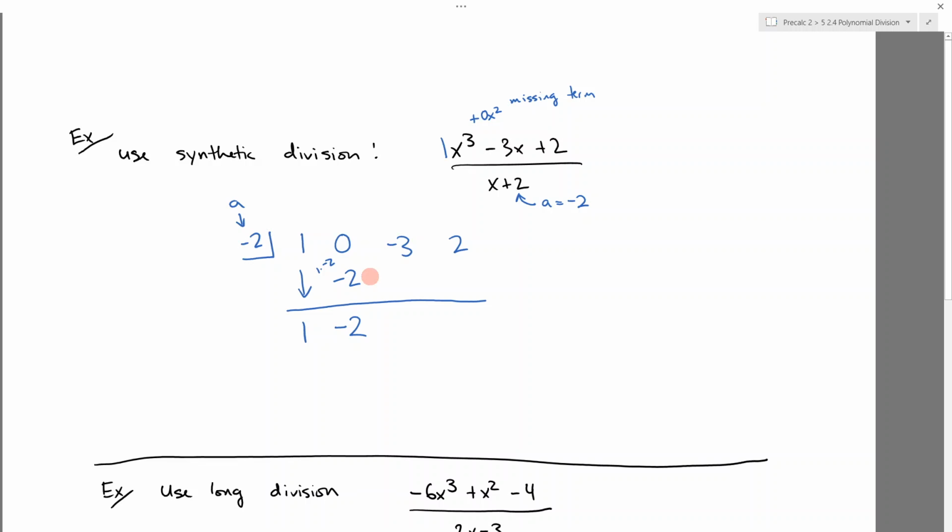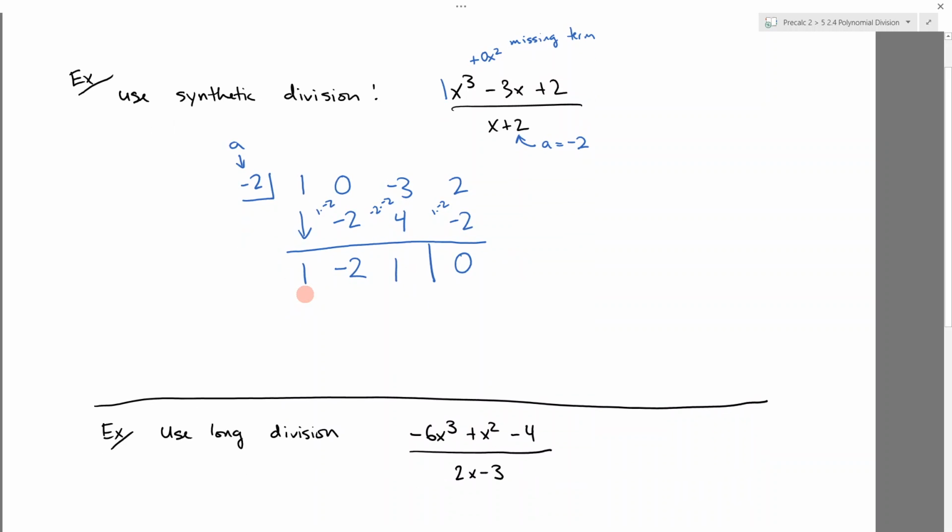Negative 2 times negative 2 is positive 4. Add. Negative 3 plus 4 is positive 1. And then 1 times negative 2 gives me negative 2. And then finally 2 plus negative 2 gives me 0.